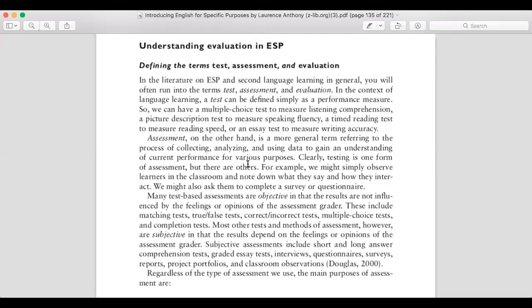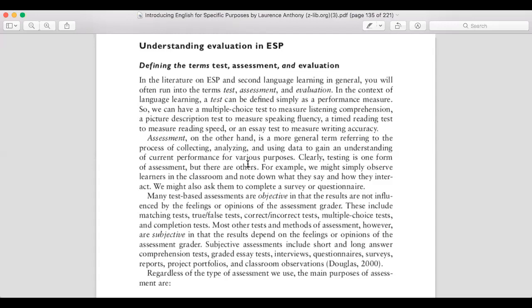Okay, observation can be one of the ways of assessment. If a questionnaire is given to the student to fill about their own performance improvement or otherwise, so that is also assessment. You are assessing the students through providing them a questionnaire, right? So this is the difference between test and assessment.